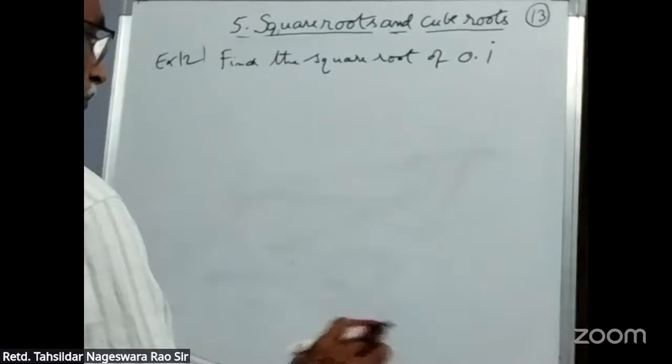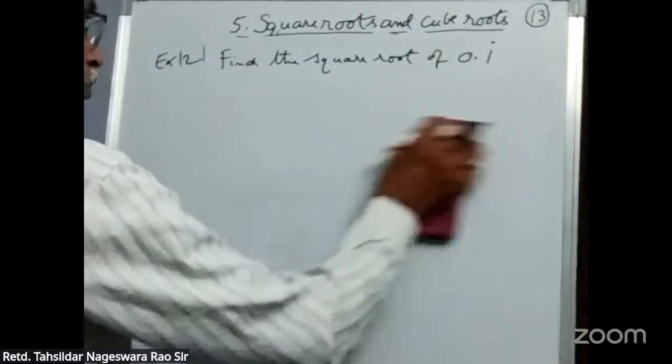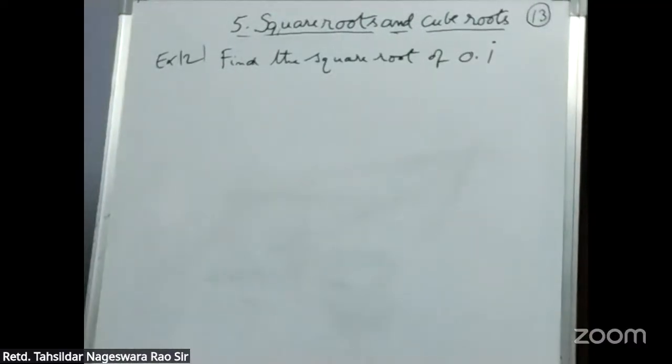Square root of this one. How to find the square root of this? First convert it to a regular fraction, or vulgar fraction. That is the method.